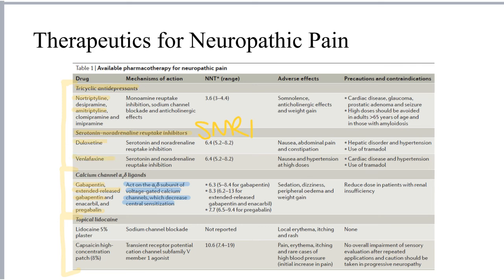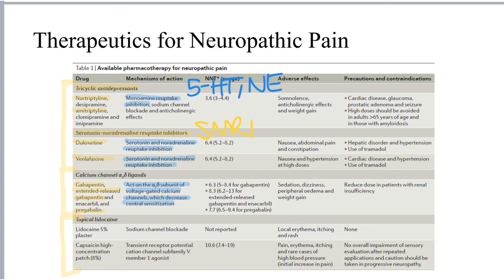The mechanism of action of these drugs will be covered in much greater detail several weeks from now. But for now, it is important to know that the tricyclic antidepressants block the reuptake of monoamine neurotransmitters, including serotonin and norepinephrine, while the SNRI drugs have a similar mechanism of action where they block both serotonin and norepinephrine reuptake as well.